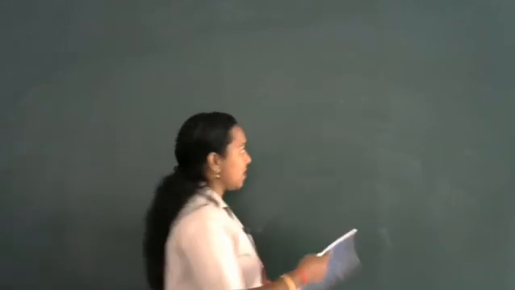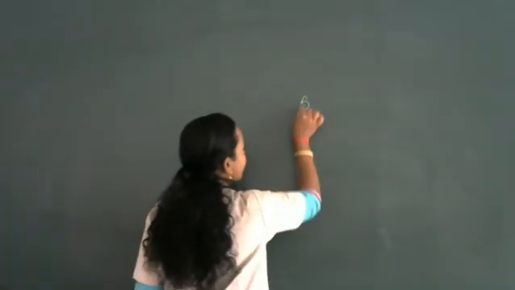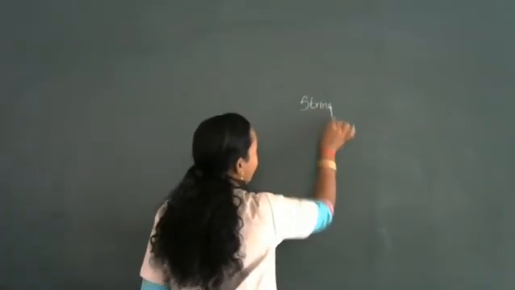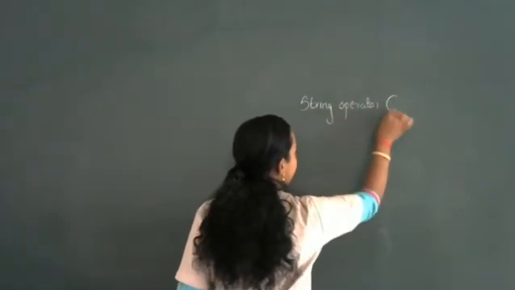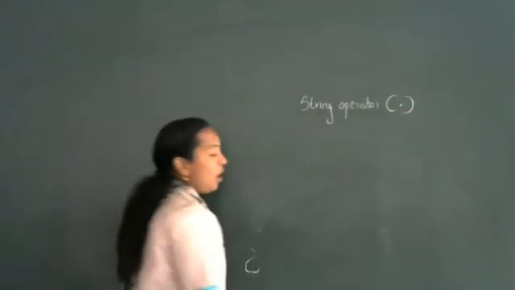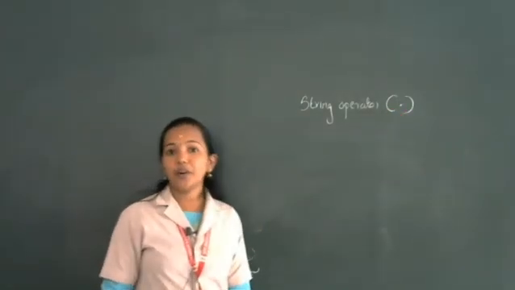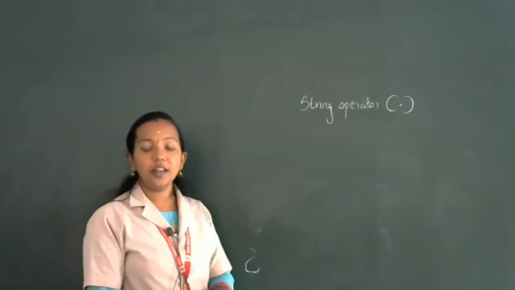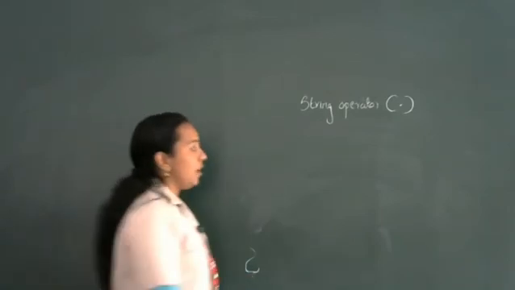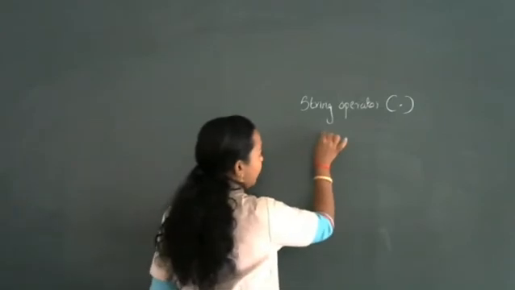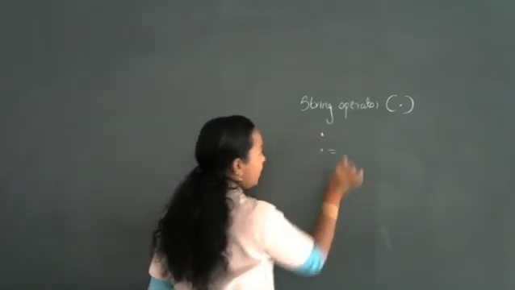Then next one is string operator. It is represented by a dot, and this operator is also known as the string concatenation operator. Then the dot operator and also the dot equal to operator.